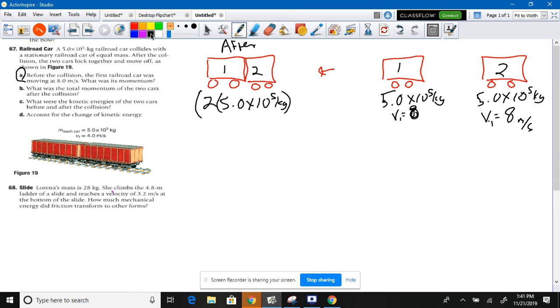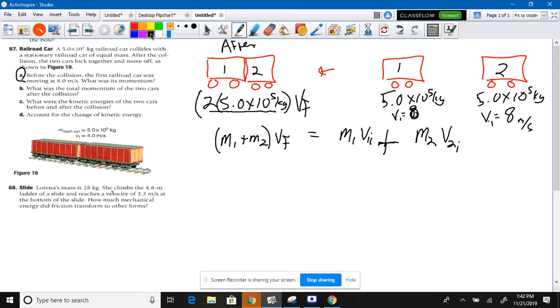Point is they lock together. So we're interested in finding the final velocity. What's this mass? 2 times 5 times 10 to the 5th. I'll put the formula for the inelastic collision. So you're going to add the two masses, and that's equal to the mass of 1 times the initial velocity of 1 plus mass of 2, initial velocity of 2. 1 million.